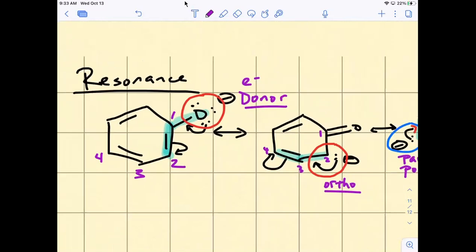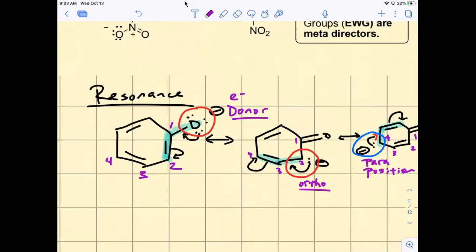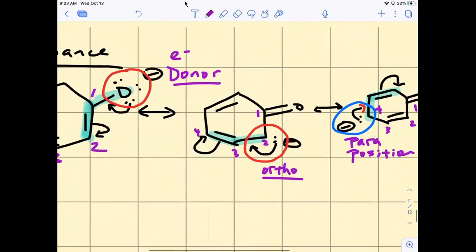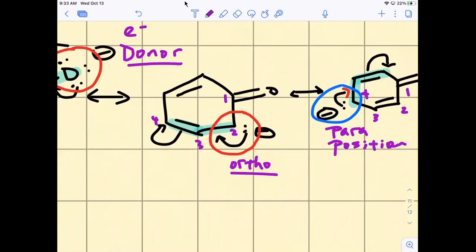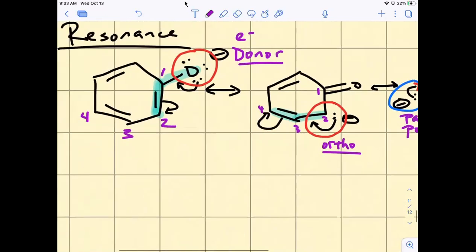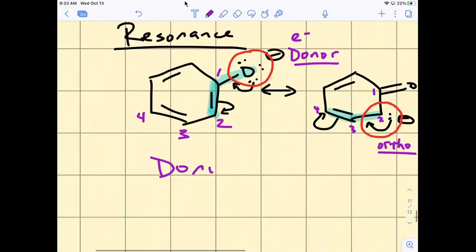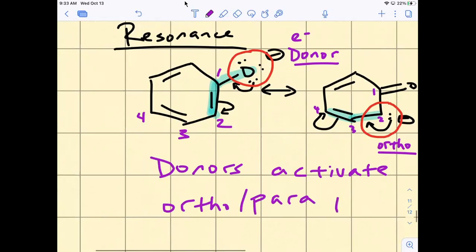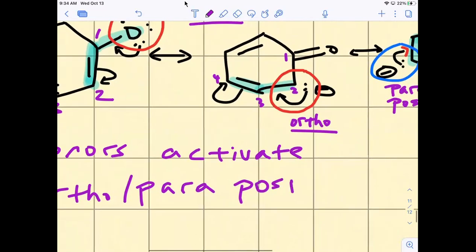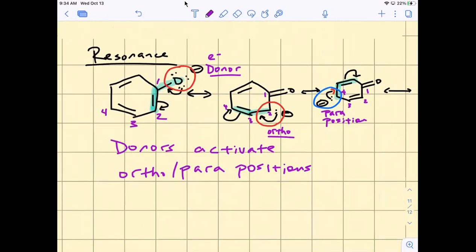So if you have a donor attached to your ring, the 2 positions that get activated are the ortho and the para. So the donors are going to activate the ortho and the para positions.